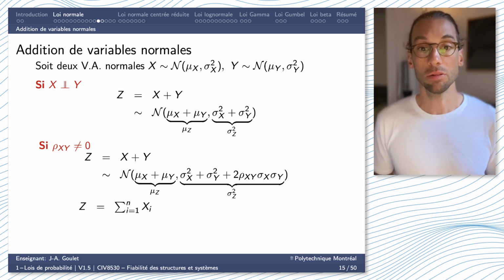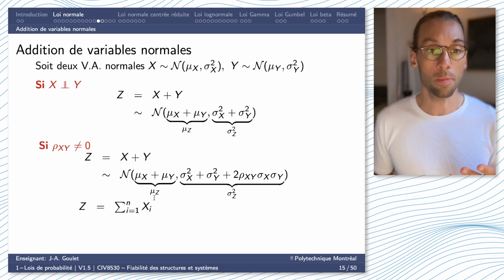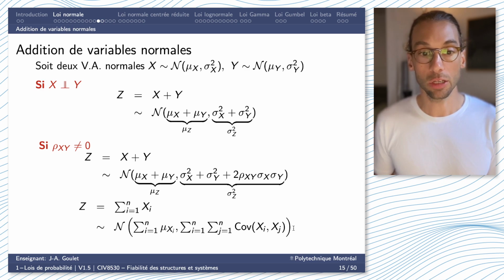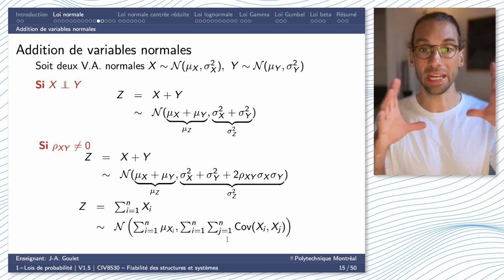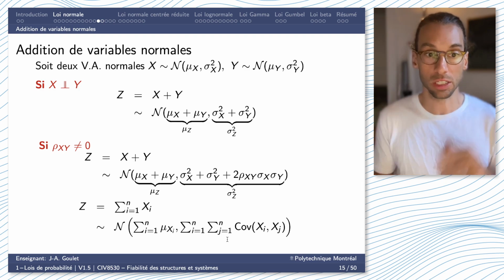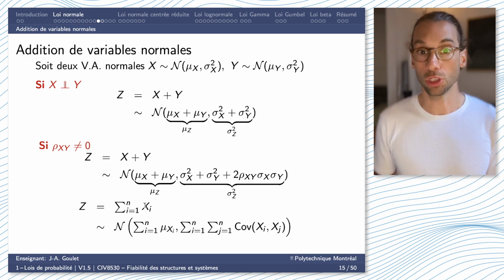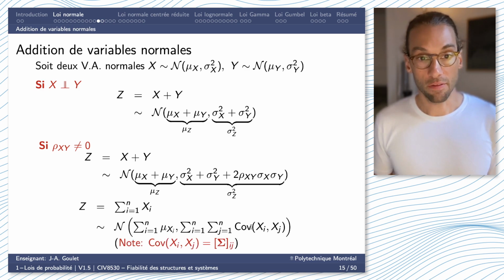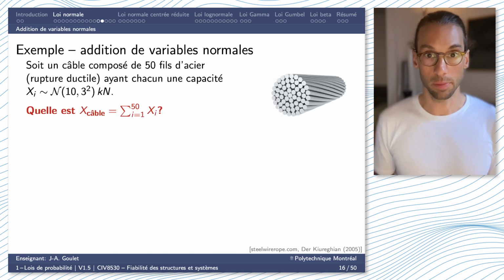And if we want to generalize this for the sum of an arbitrary number of Gaussian random variables, we're simply going to sum the terms of the expected value, and we're going to need to sum all the terms in the covariance matrix of the vector we want to sum. In this case, cov of xi, xj is the ith and jth term of my covariance matrix.